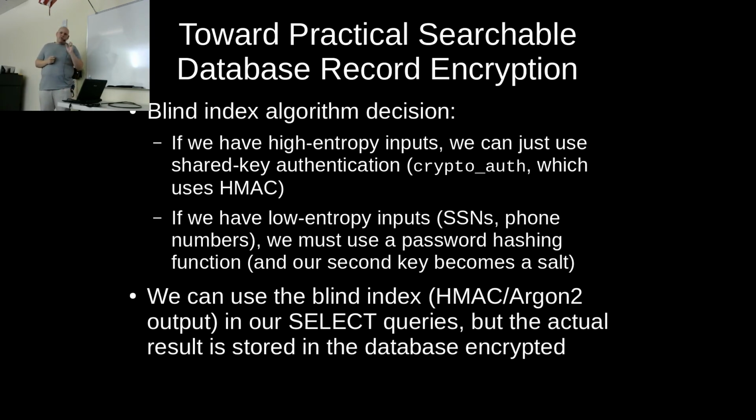So if you take the input you're trying to search for, like let's say a social security number or the last 4 of a credit card number, and you run it through this operation, you can use it in a select query safely without leaking any useful information about what's encrypted, other than does it match or no.